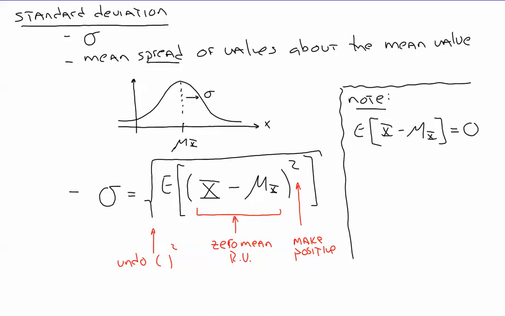If I take any random variable and subtract its mean, this is a new random variable, y, and this is a zero mean random variable.